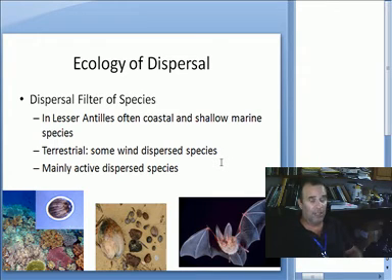Or they actually swim through the water. They tend not to be passively dispersed species. Passively dispersed species tend to be found more on the shallow near-shore environments, the coral reefs and so on, and also the seaside ecosystems. So why is that? Why don't we get many wind-dispersed species? Why don't we get these passive wind-dispersed species?